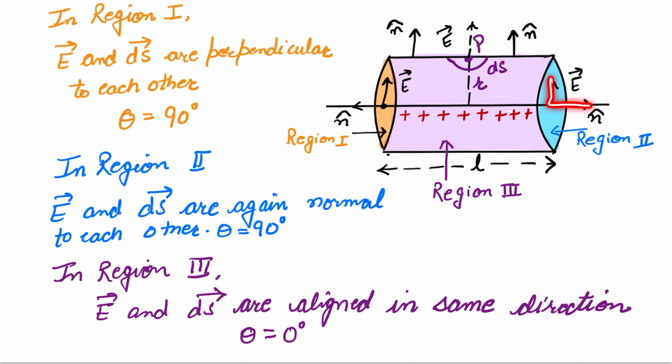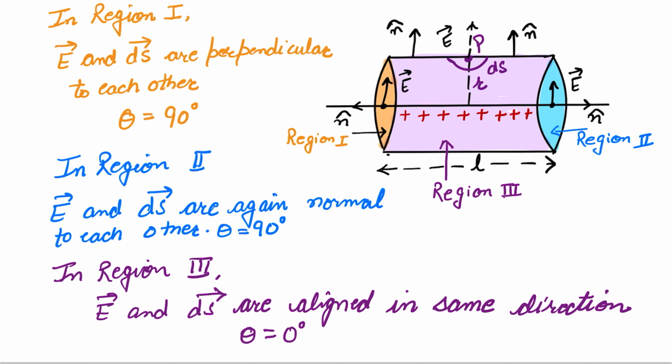So the angle between the electric field and the area vector is 90 degrees again. So theta is equal to 90 degrees in region 2. When we make the observations in region 3, the electric field is outward while N cap, the normal to the area elements in this region, is also in the outward direction. So the electric field and the normal are in the same direction. So the angle between them is 0. Theta is equal to 0 degrees, right?